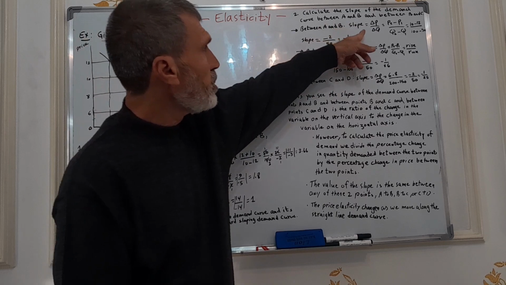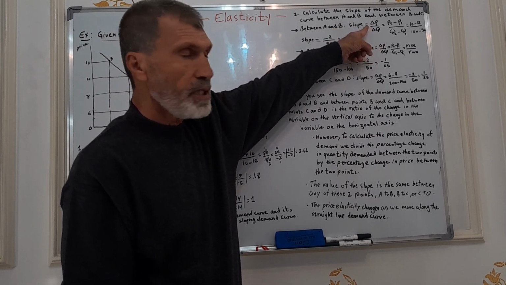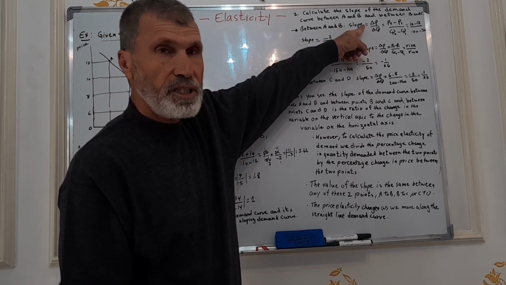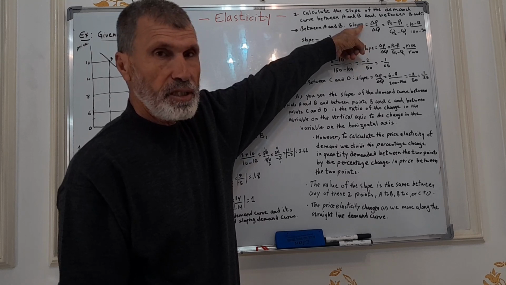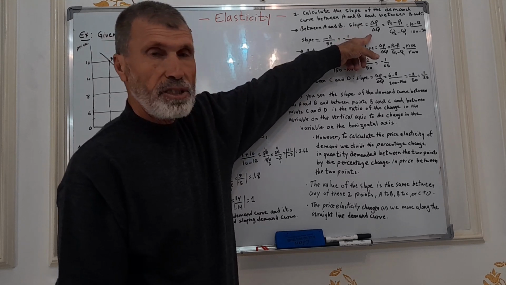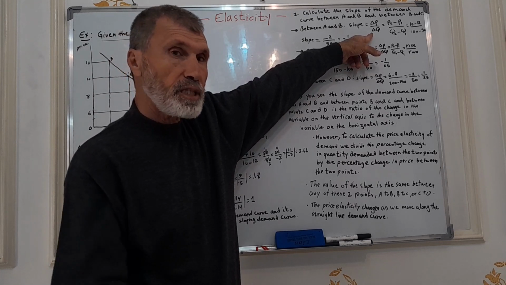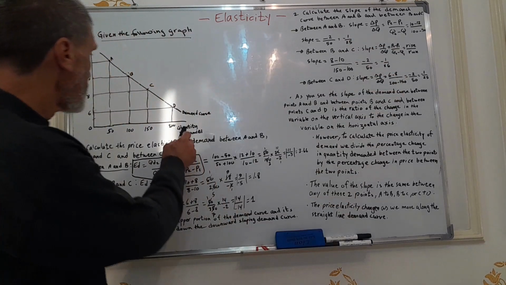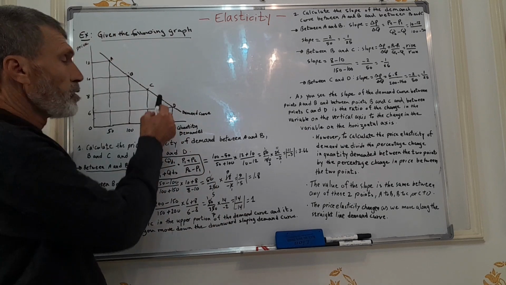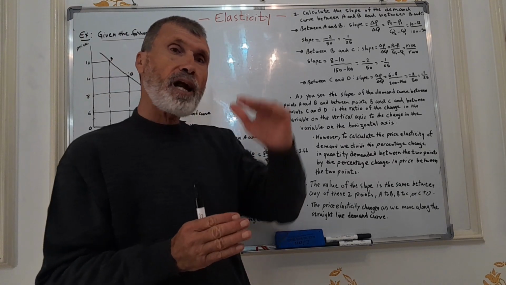Between A and B, the slope is the change in the variable along the vertical axis, which is delta P, price, over the change in the variable along the horizontal axis, which is delta Q. This is Q here, and this is P. So the slope is the rise over the run.